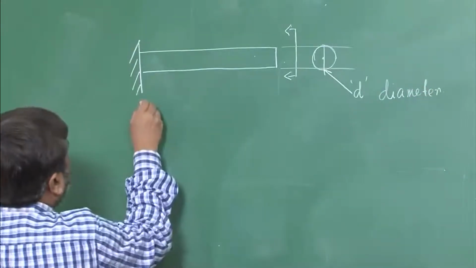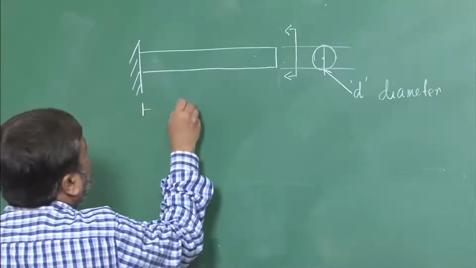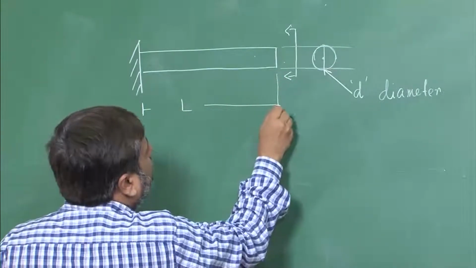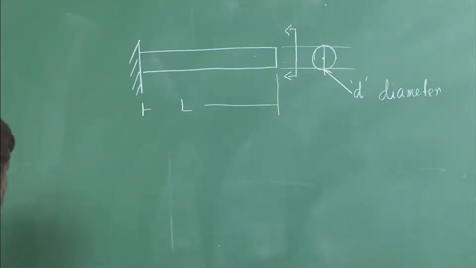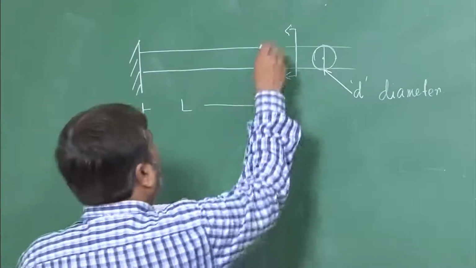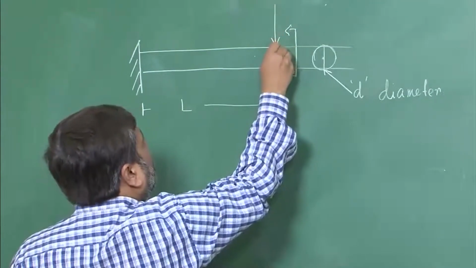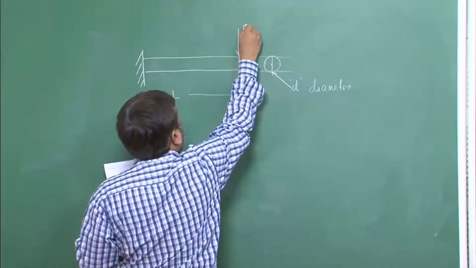This is a cantilever beam, and the span of the beam, let us say, the length is L. What is the loading condition? It is carrying an end load. So, it has an end load here. The end load is F.